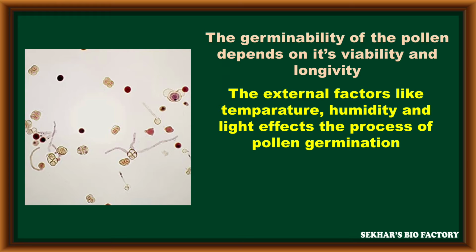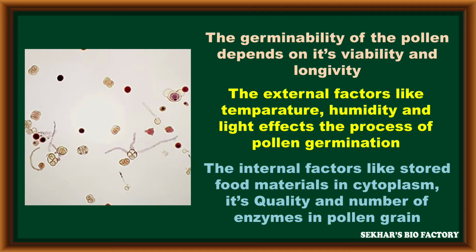Along with that, internal factors like food materials present in the cytoplasm in the form of stored food, along with the quality and number of enzymes present in the cytoplasm of the pollen grain, affect the pollen germination process.